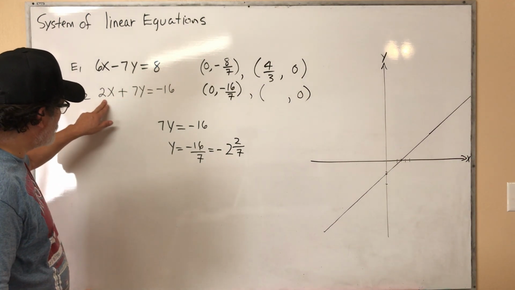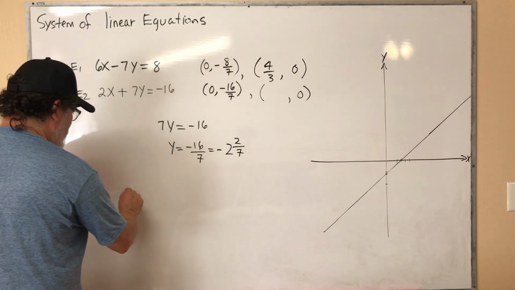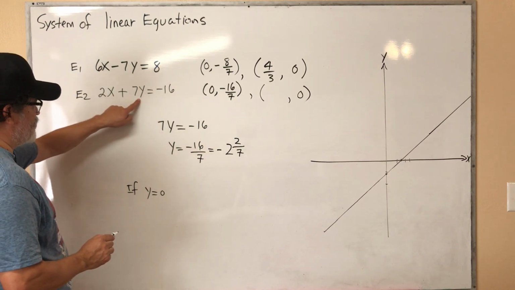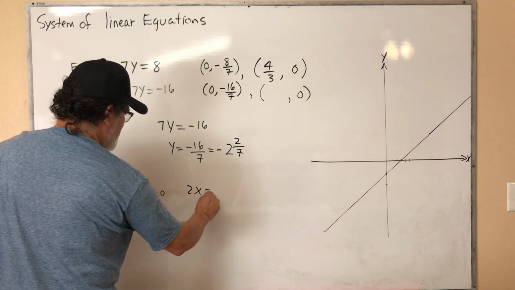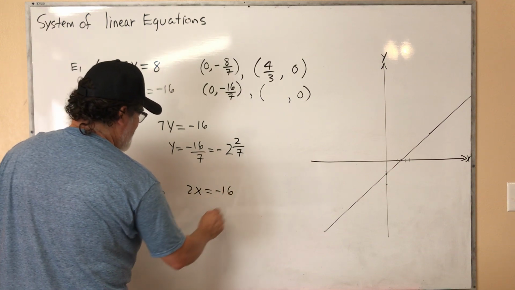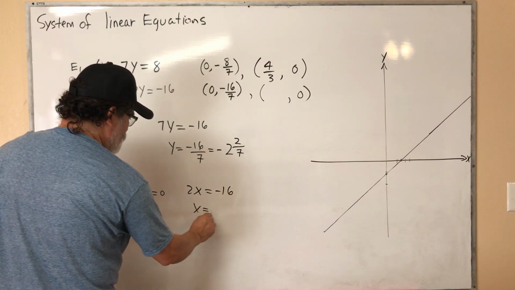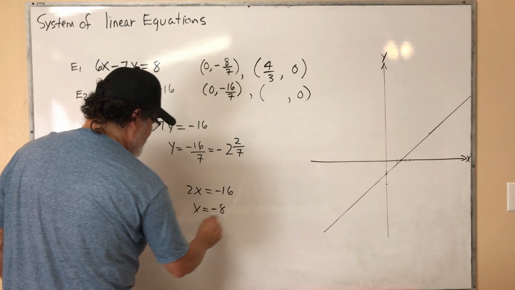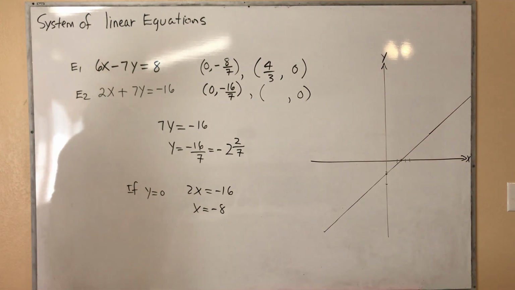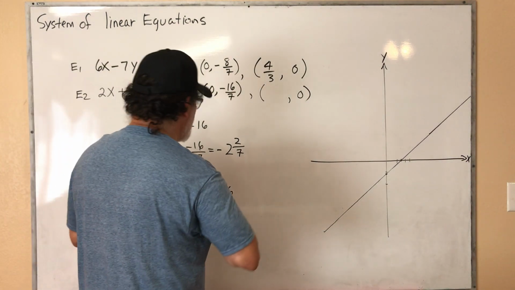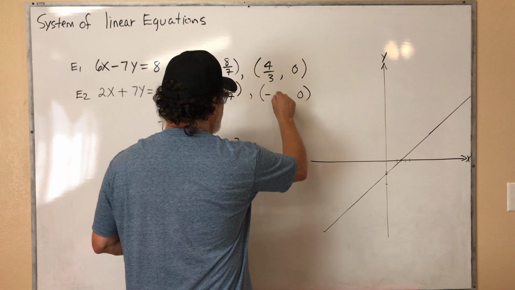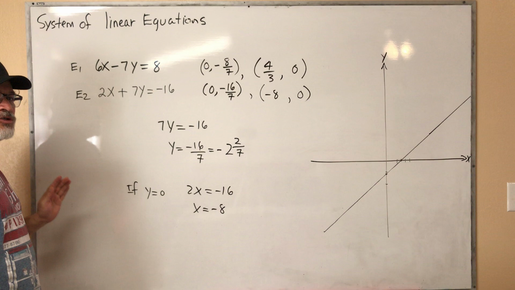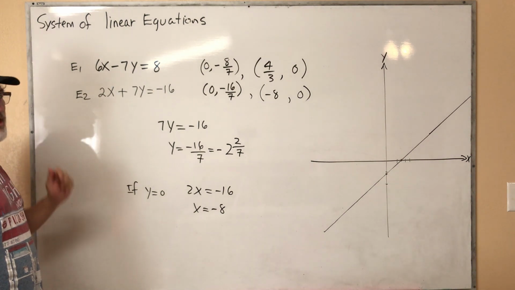And so if y equals 0, then we have 2x equals negative 16, which means what? X equals what? What's negative 16 divided by 2? Negative 8. Okay, so if y is 0, x is negative 8. And there we found 2 points to the second equation.